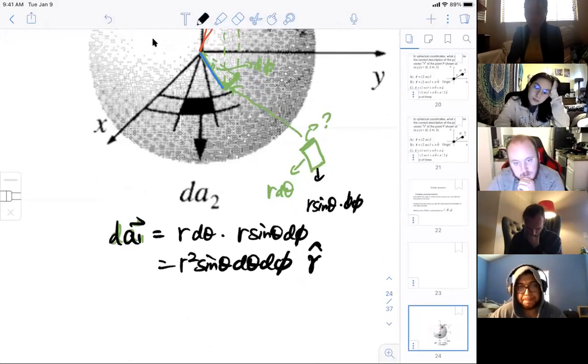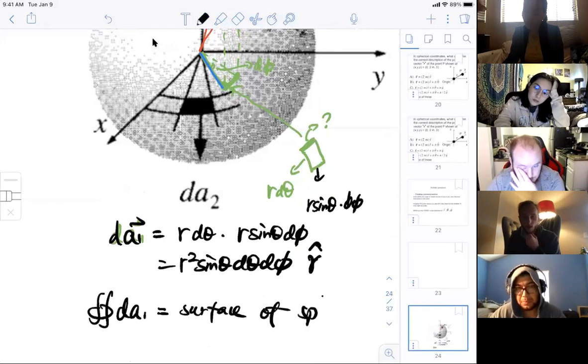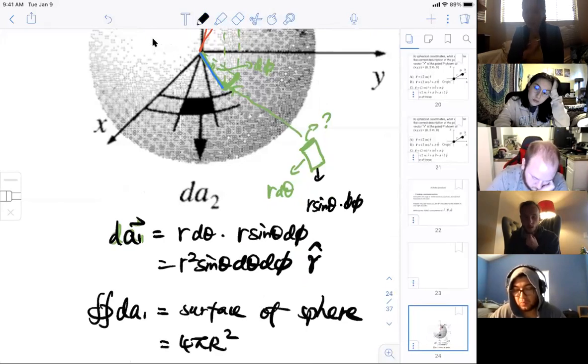I want you to check at home that if I integrate this area, I should get the surface of a sphere. When you do this integration, you should get 4 pi r squared, so double check that that's true.